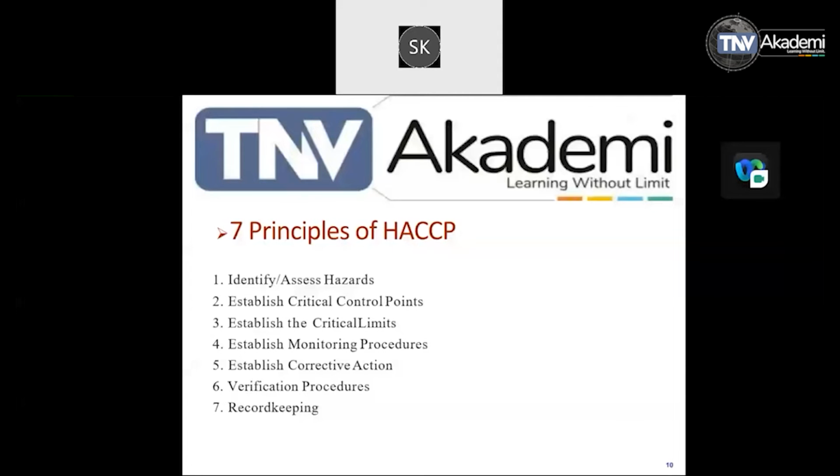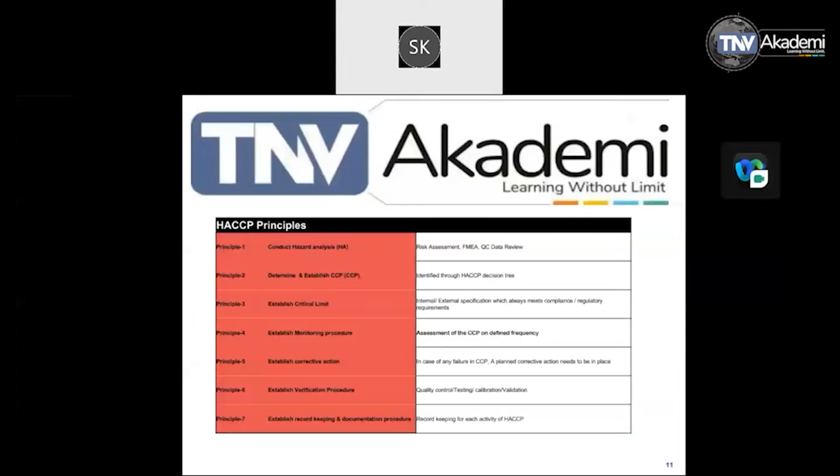So for the HACCP principles, the first principle is the hazard analysis. Hazard analysis can be conducted through risk assessment. We will discuss risk assessment later on also. The preliminary steps for conducting hazard analysis are risk assessment, then FMEA, that is failure mode and effects analysis, then QC data review.